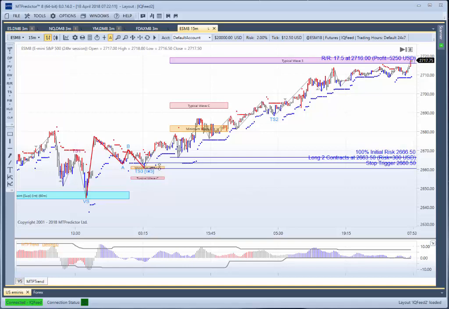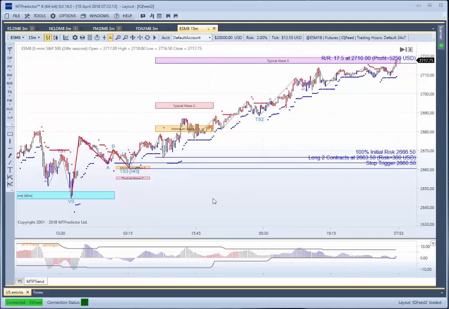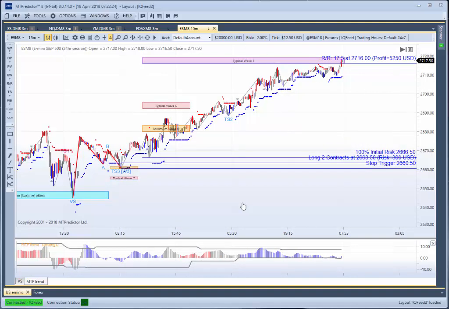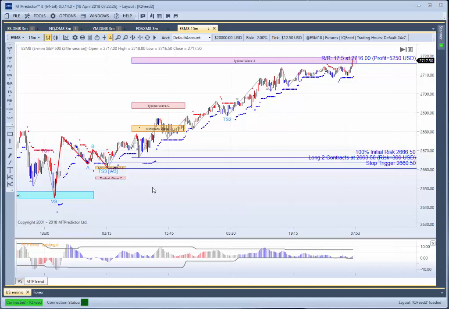It's a particular variant of our trade setups where we're looking to trade the wave 3 swing in a completed 5-wave sequence. So there you go, an example of our new W3 trade setup in our MTPredictor 8 and NinjaTrader 7 and NinjaTrader 8 add-ons.